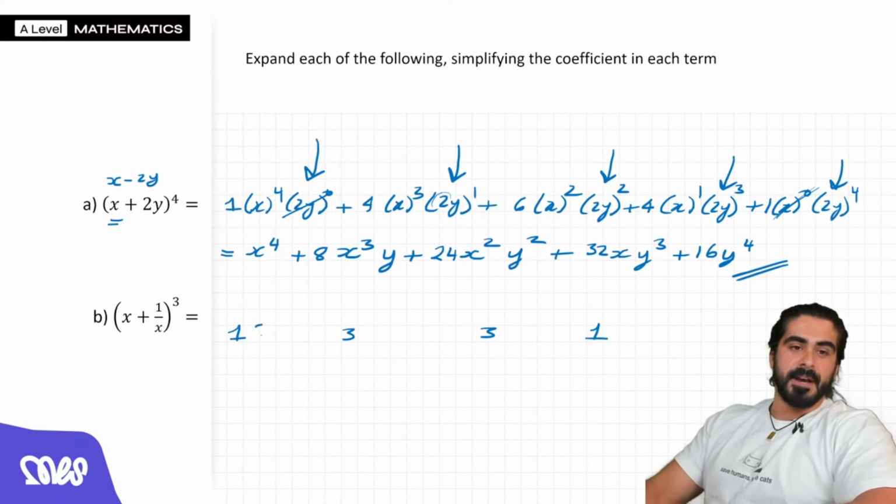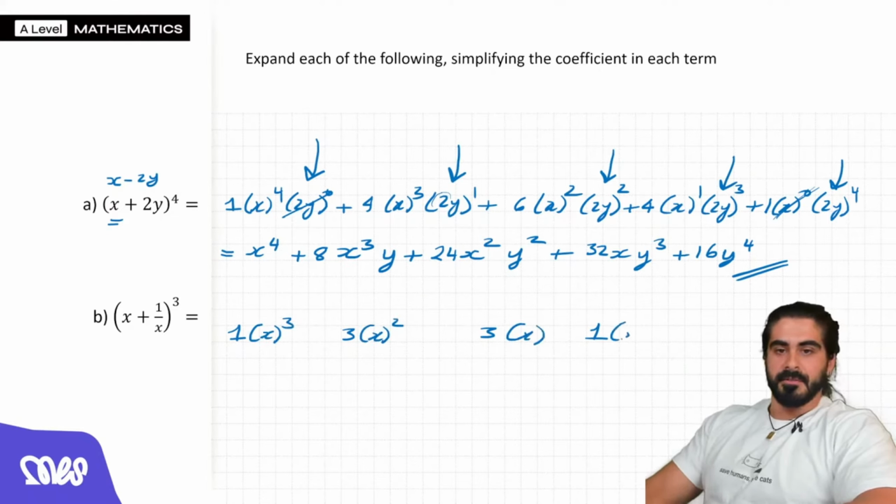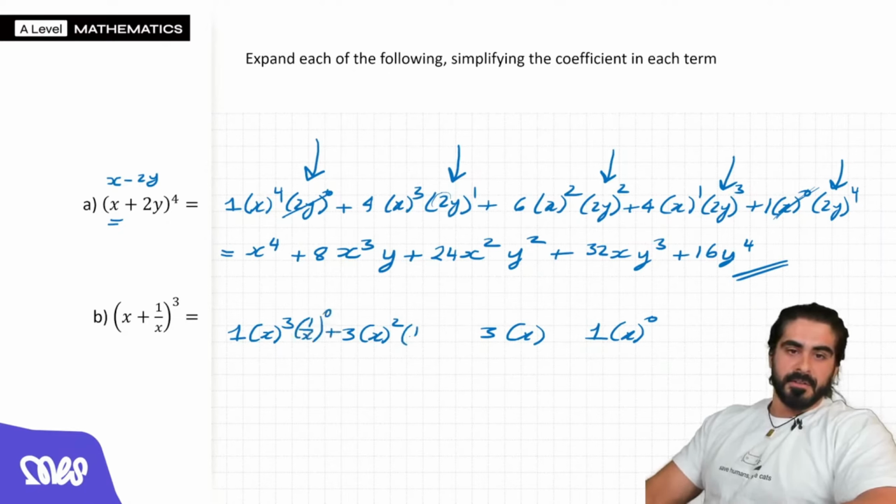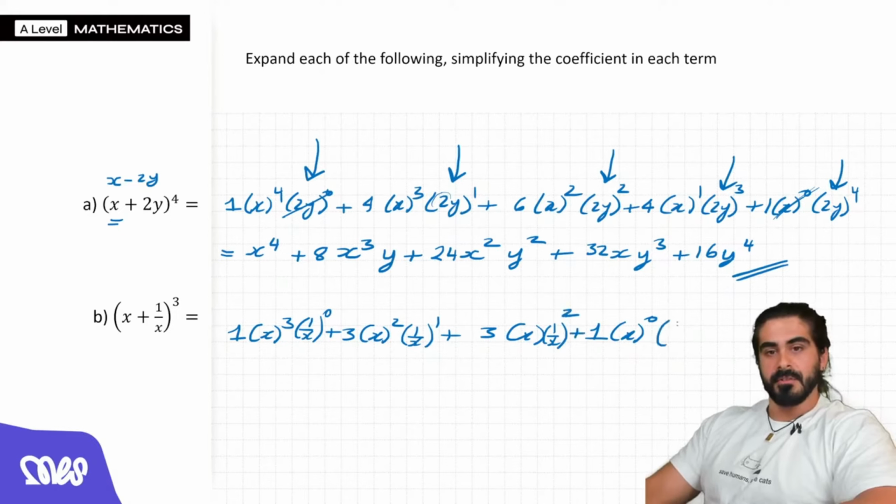So we can go down in power by x: x cubed, the first one, x squared, x, then nothing. Then the other one is going to go up in power, yeah? So 1 over x to the power of 0, 1 over x to the power of 1, 1 over x to the power of 2, 1 over x to the power of 3.